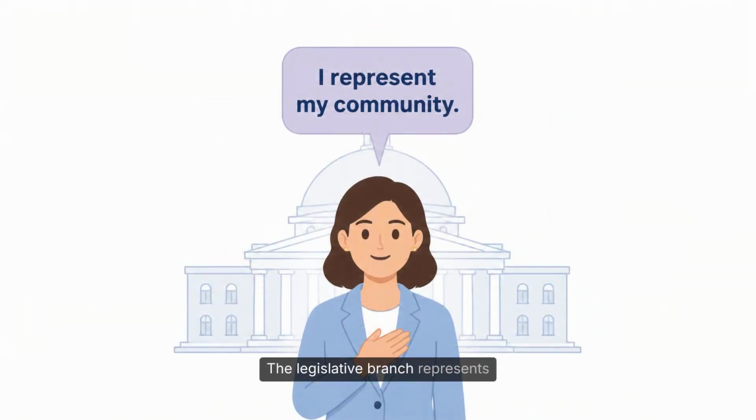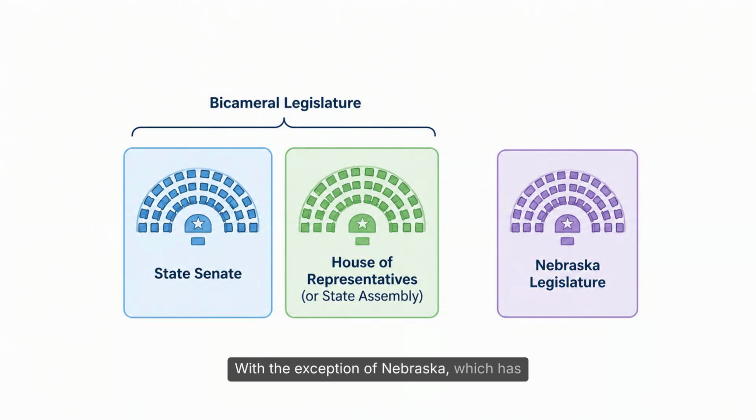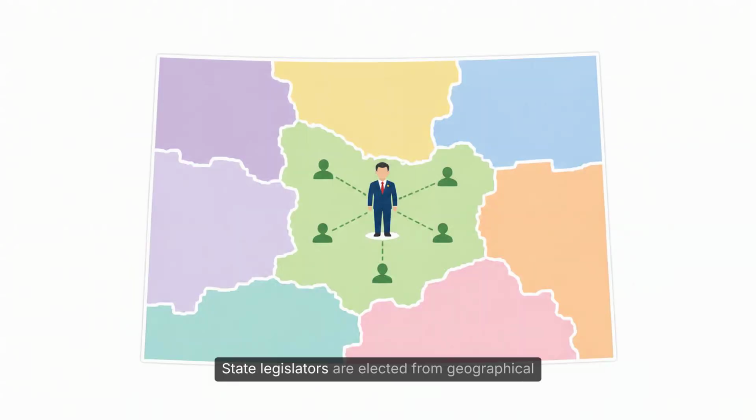The legislative branch represents the people of the state. With the exception of Nebraska, which has a unicameral legislature, state legislatures consist of two chambers, a state senate and a lower chamber, usually called the House of Representatives or the State Assembly. State legislators are elected from geographical districts and are responsible for representing the needs, interests, and aspirations of the residents of those districts.